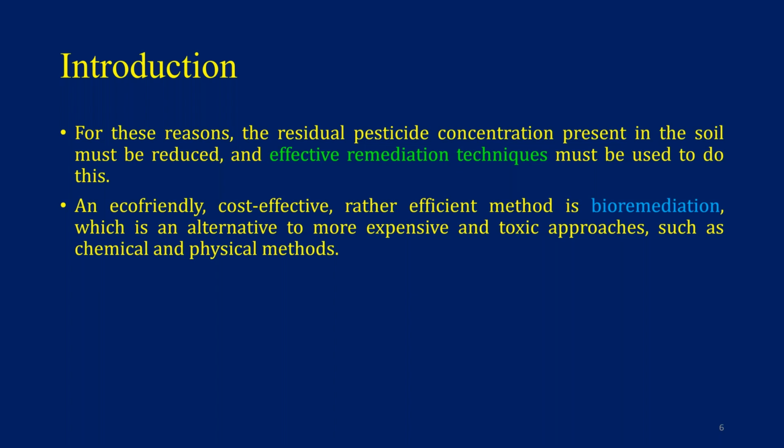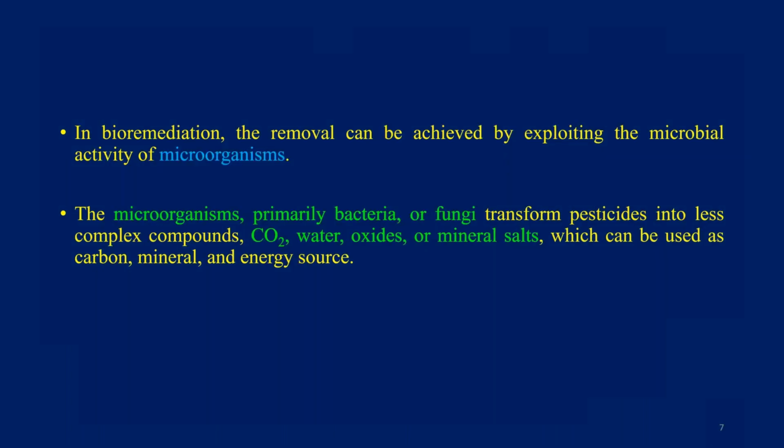An eco-friendly, cost-effective, rather efficient method is bioremediation, which is an alternative to more expensive and toxic approaches such as chemical and physical methods. In bioremediation, the removal can be achieved by exploring the microbial activity of microorganisms.